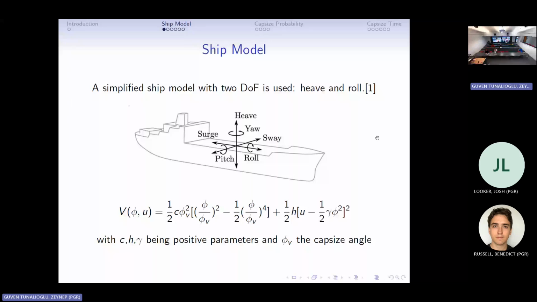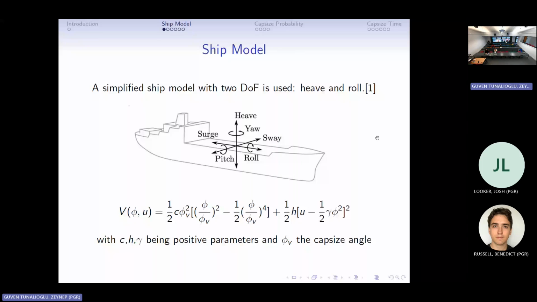When the wave pushes the ship from this side, it pushes the ship from its stable point, rotating it a little bit. Since the wave has crests and troughs, you lift the ship a little bit up and then drop it down. It's this kind of motion.